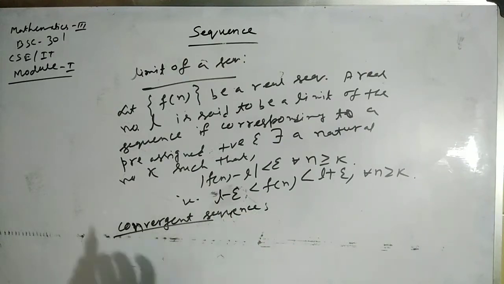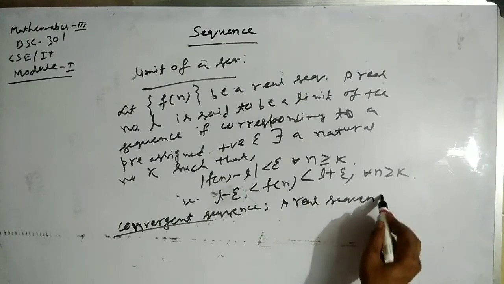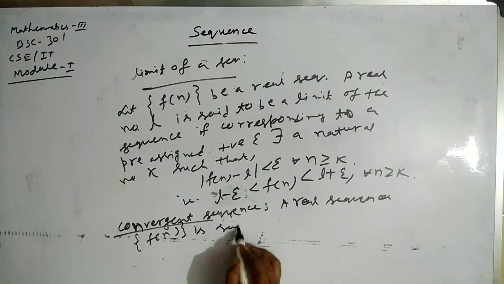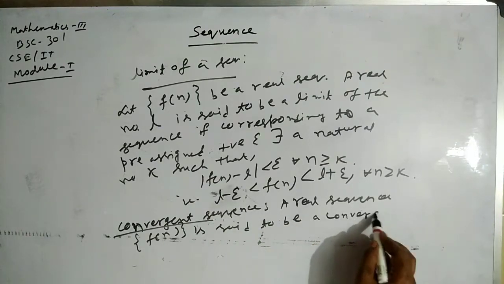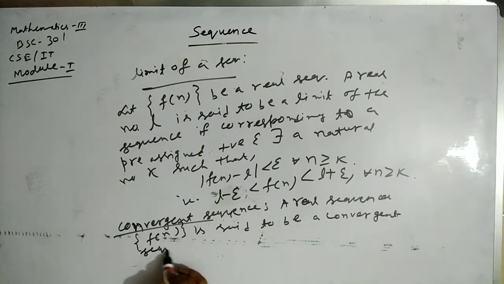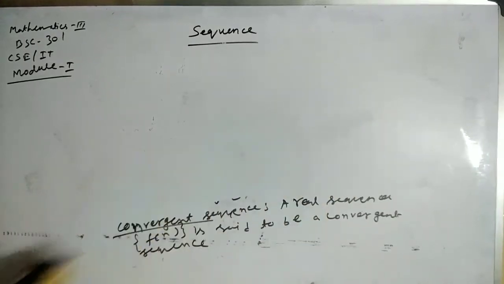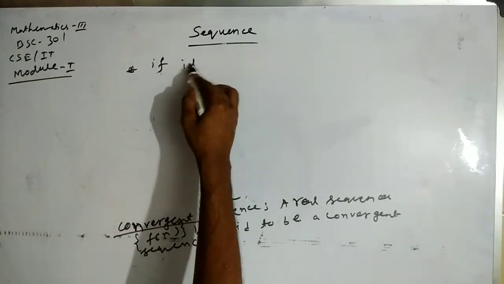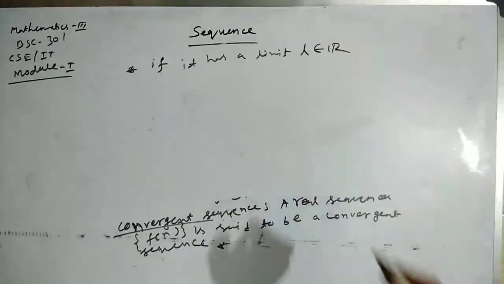So a real sequence Fn is said to be a convergent sequence if it has a limit L belonging to the real numbers.